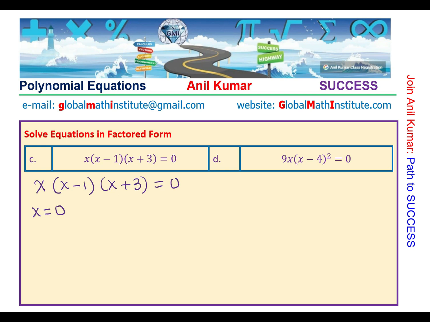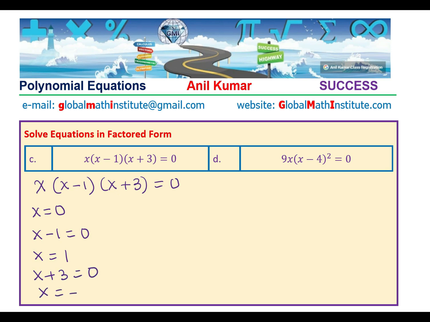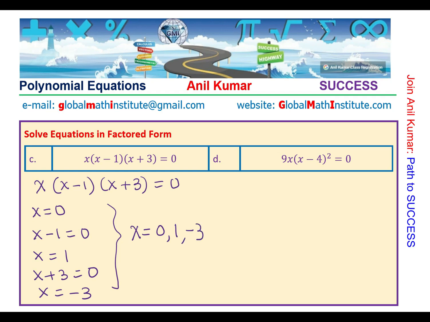Second, we'll equate x minus 1 to 0, and then we get x equals to 1. Third, we'll equate x plus 3 to 0, and we get x equals to minus 3. Makes sense? Combining all of them, we know x can be equal to 0, or it could be 1 or minus 3. You see, so simple, perfect.